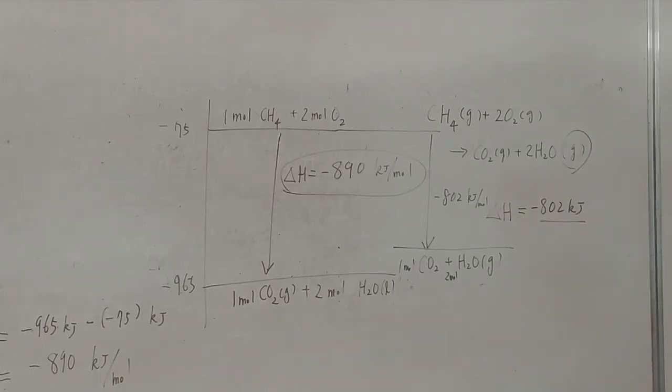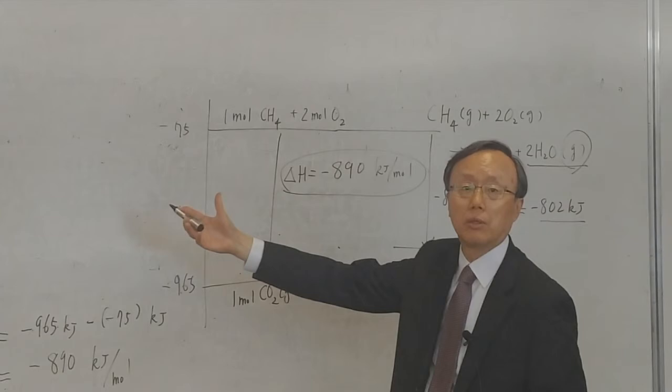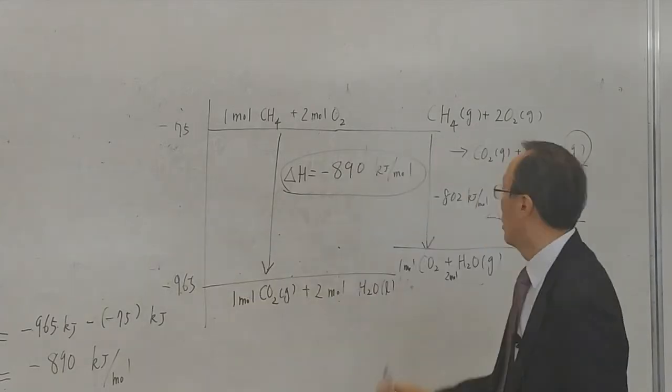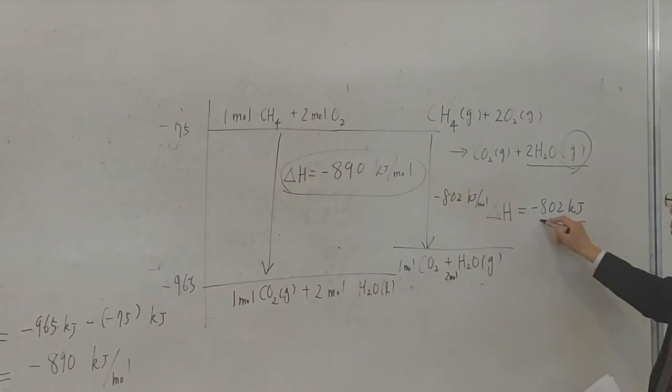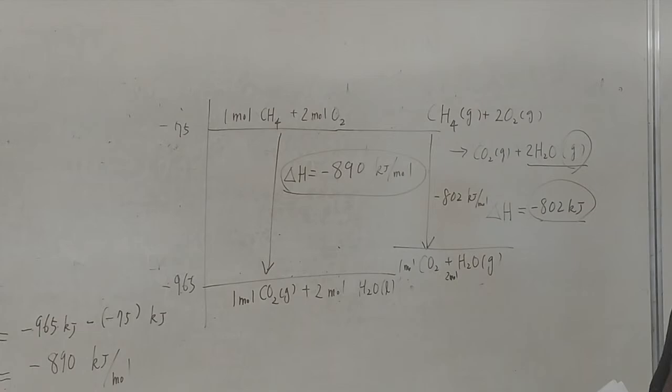Less amount comes out, right? What's the reason for that? Here this is vapor state, and that was liquid state. So about 88 kilojoule of heat is required to evaporate from liquid state to gas state. So 802, the less heat is released from the system, right?